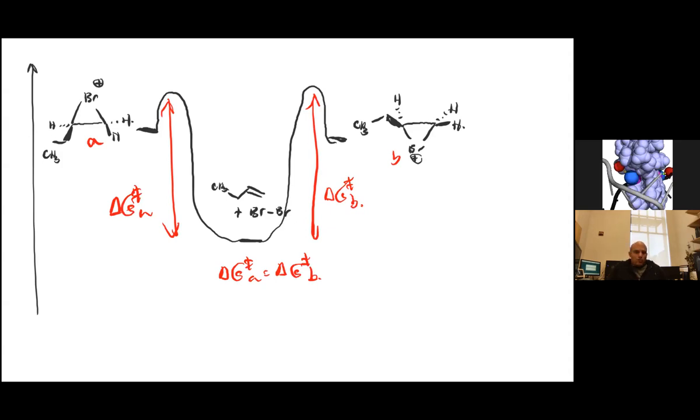It means in practice, the rates are identical and there's zero preference for formation of one over the other. And so you get a one-to-one mixture of those bromonium ions. And as I said, you then get backside displacement, and the bromonium ion sets the stereochemistry for the next step. And so it's the energy of those two bromonium ions that leads to a racemic mixture.